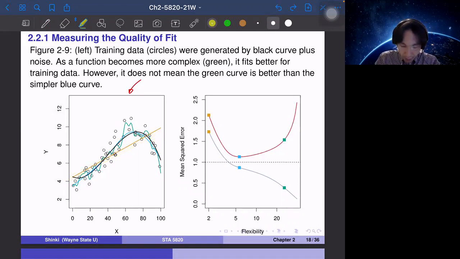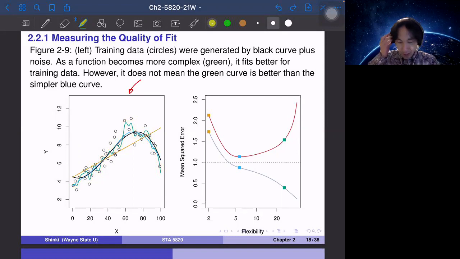On the other hand, think about this green graph. This is really ad hoc, and it follows the data closely, but it picks up too much noise. So if you have another data set, the so-called test data set, the zigzag line probably does not fit well. Probably the best model is in between.